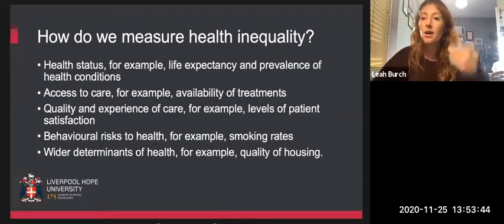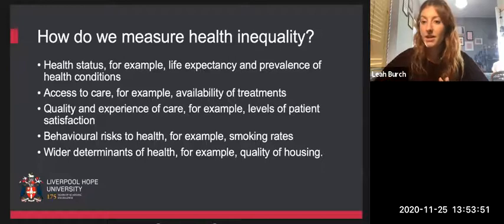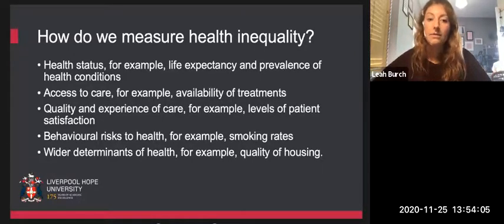So there are a lot of ways that we can do this. So a range of ways, both drawing upon qualitative methods and quantitative methods that can help us to research and measure health inequality. For example, we might look at health status. So for example, drawing upon data, upon figures about life expectancy and prevalence of different health conditions, issues like morbidity, mortality.